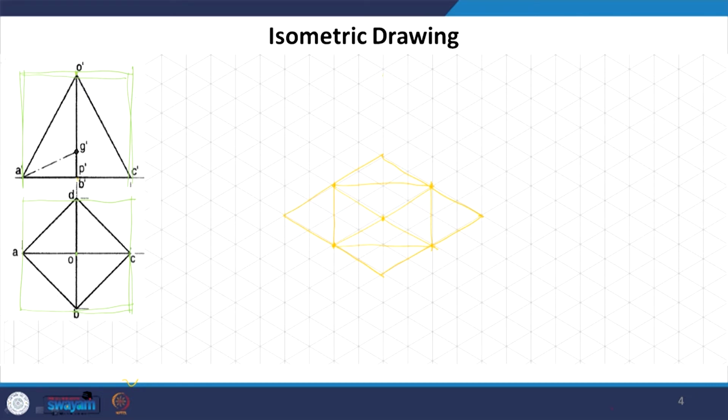From here I can draw the height and arrive at the apex, or I can make this rectangle here at the center, or I could also make a rectangle here, make another parallel line here, intersect and arrive at this apex.